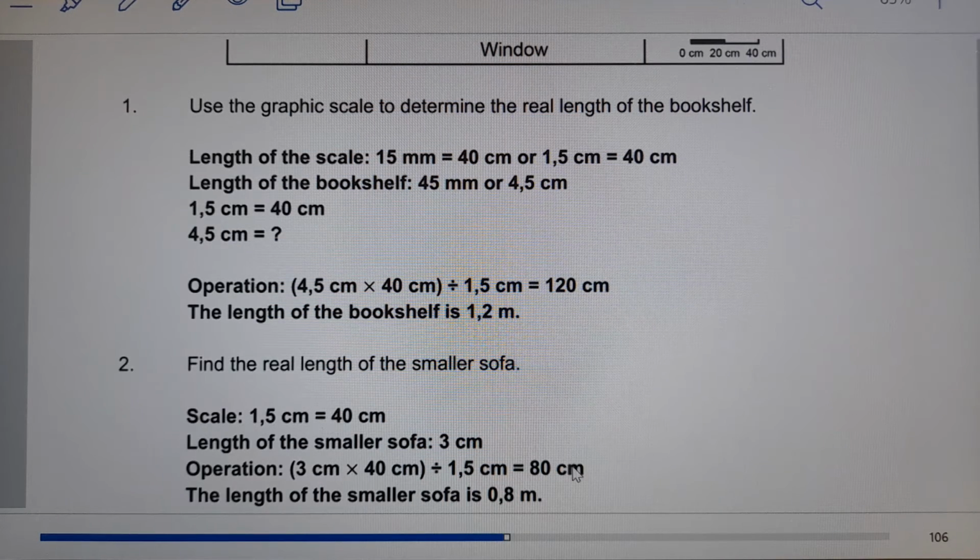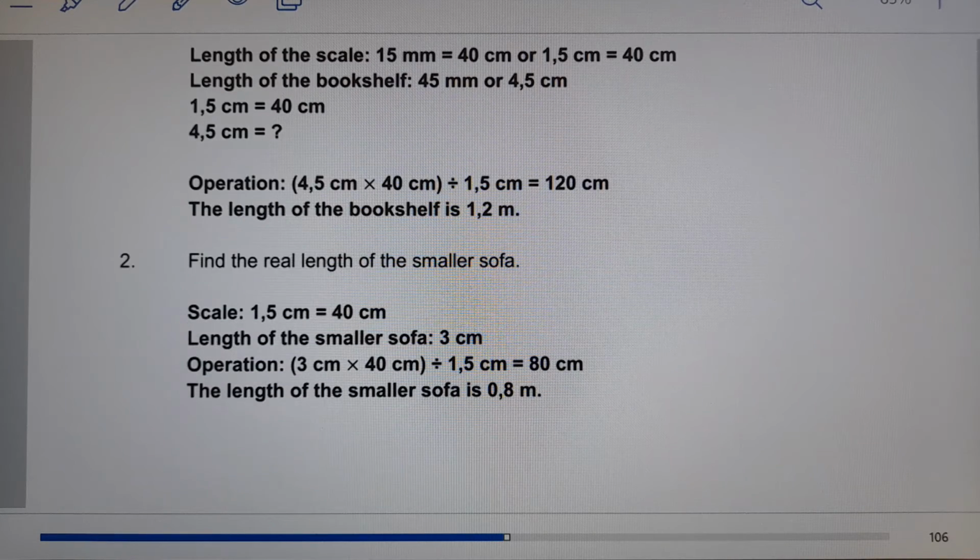In 80 centimeters, I can convert it into meters. So from centimeters to meters, I will get 0.8 meters. Okay, so I just need to rewrite this in a way that you will understand it.